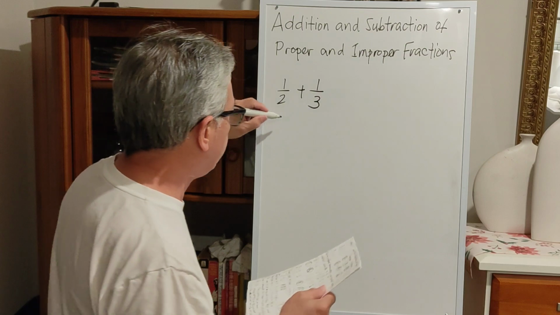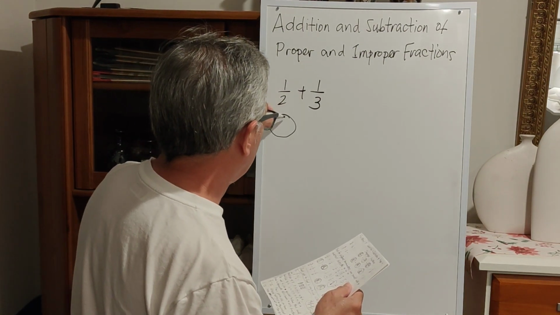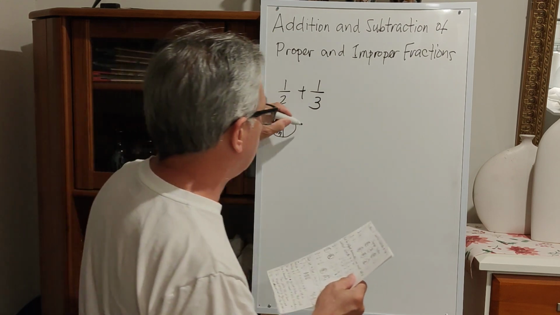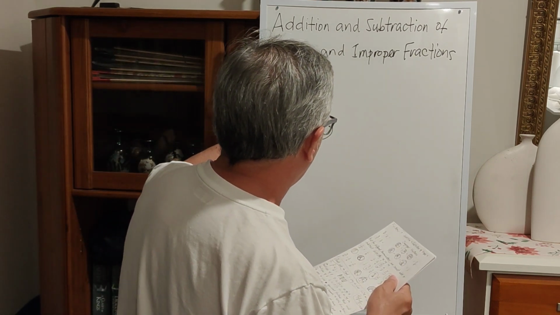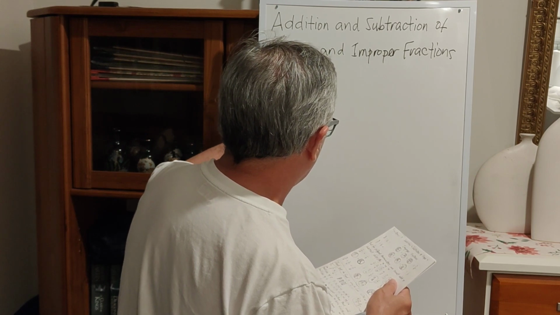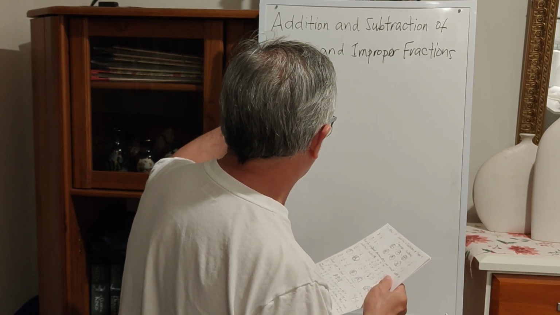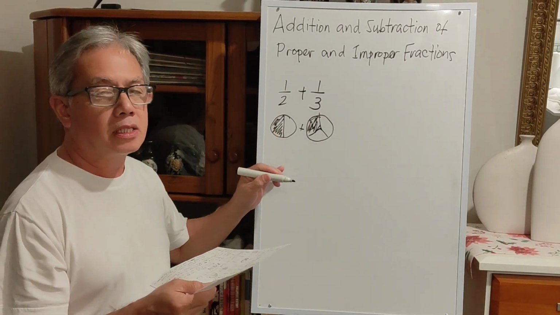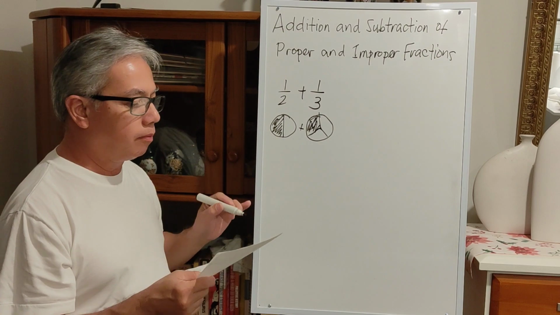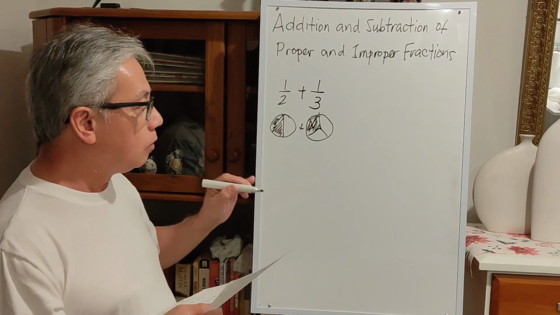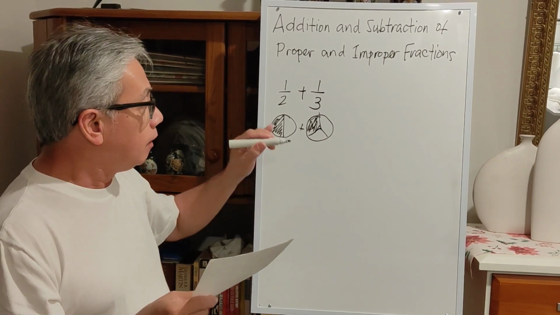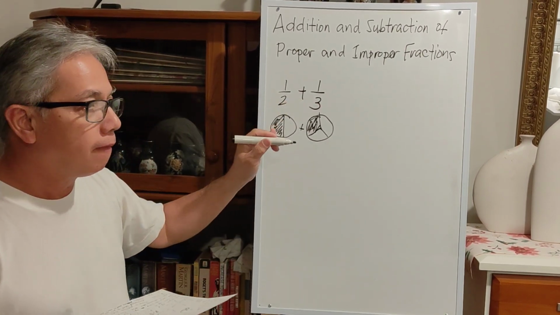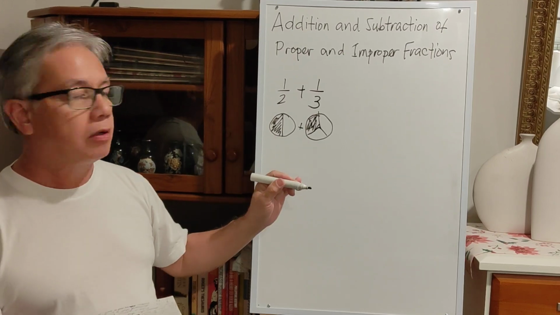So if we draw 1/2, this is 1/2, and then we draw 1/3. This is 1/3. So if we look at it, the shape and the size are different, so we cannot add them. What we can only do is find equivalent fractions for these two that will have the same denominator, so we can add them.